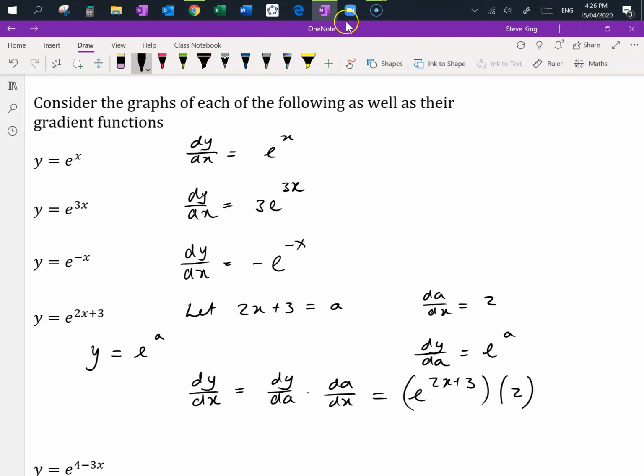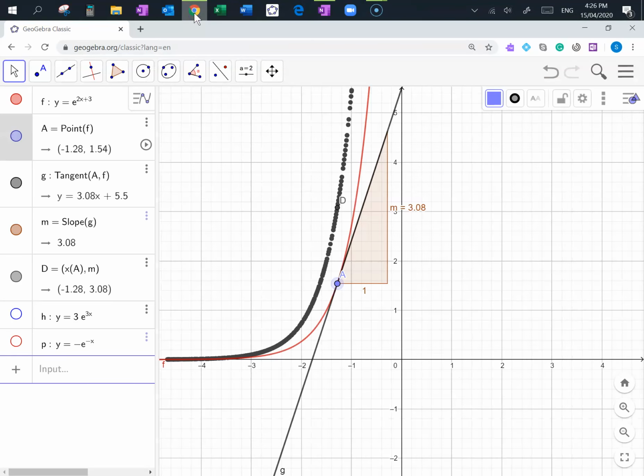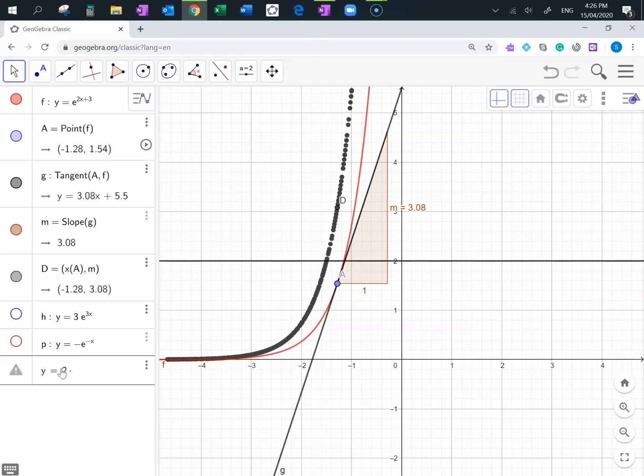So let's go back to the graph and see whether that will in fact hold. If I take that function and input it, so in other words, we're looking at y equals 2 times e to the power 2x plus 3.